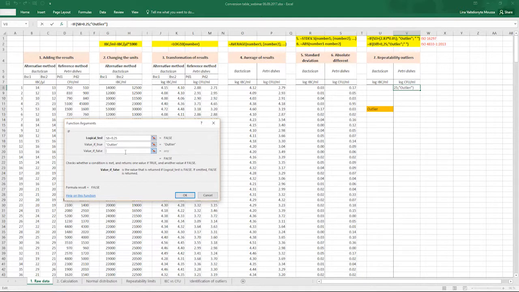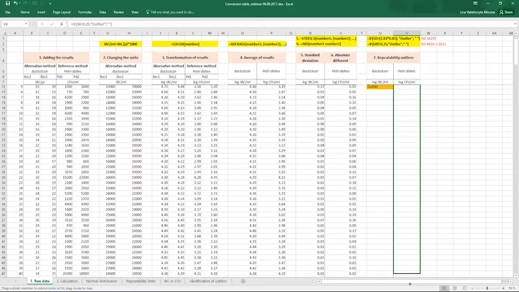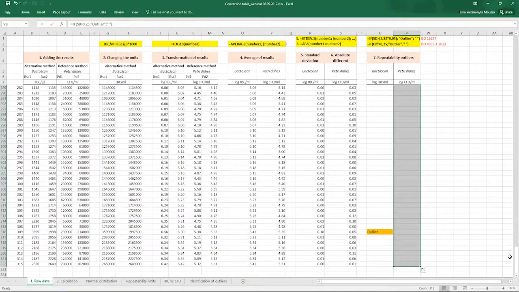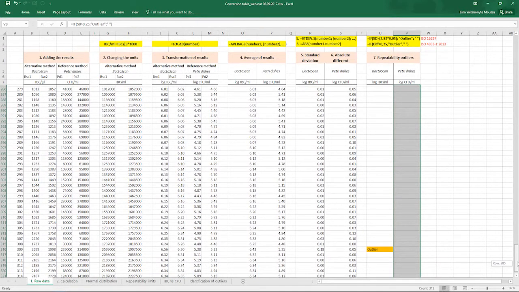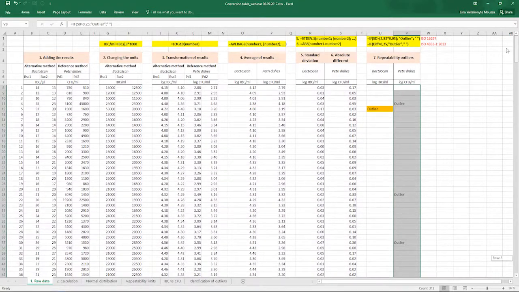If it's not, we leave the space and press OK. Mark the cell and drag it down. And you can see already that we have more outliers here.